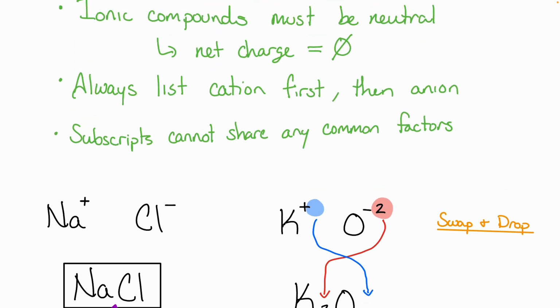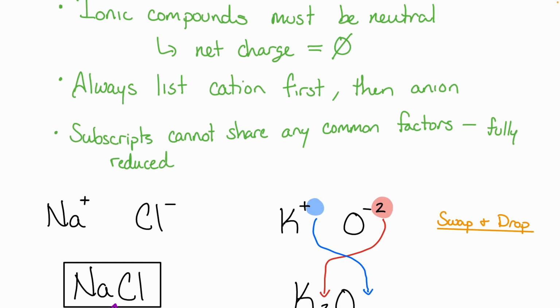So much like fractions, we need to make sure our chemical formulas for ionic compounds are fully reduced. And I'm going to make a special note here so that we don't get tripped up. This is only for ionic compounds. This rule does not apply to covalent compounds.